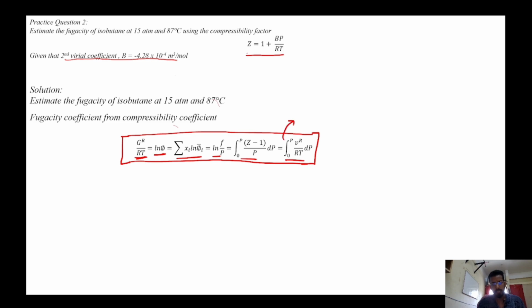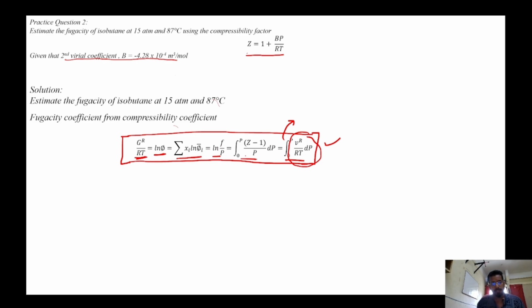In 2015, GATE asked a question on the basis of this formula. So this is the complete formula. GR upon RT is equal to ln phi is equal to summation of xi ln phi i, where phi i is the partial fugacity coefficient.